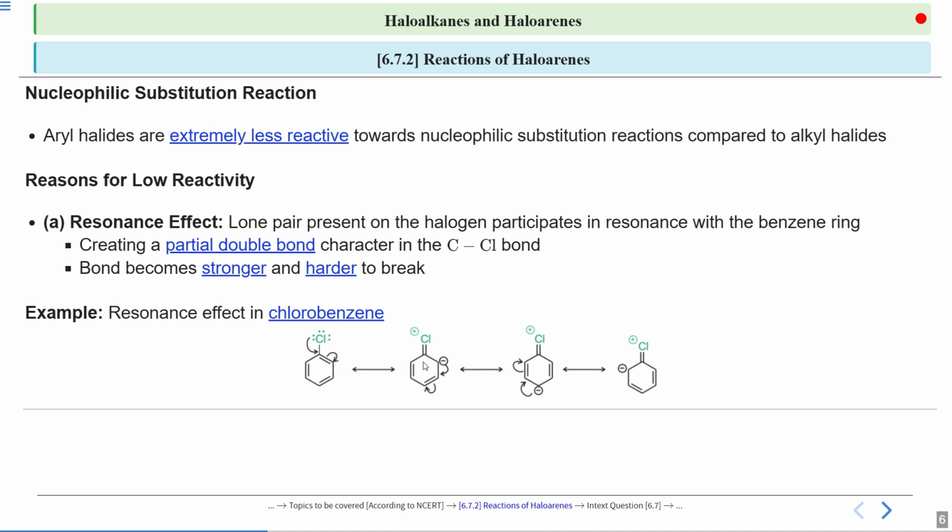So this is one of the reasons why aryl halides show extremely less reactivity towards nucleophilic substitution reactions as compared to alkyl halides. In the alkyl halide, there is no resonance effect as effective as in the benzene ring, right?